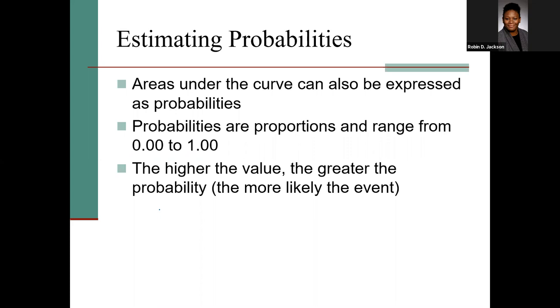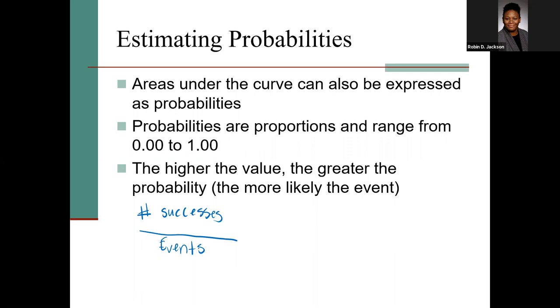To estimate probability, what we end up doing is we divide the number of successes by the number of events. All right, that's not the neatest, but you get the point.